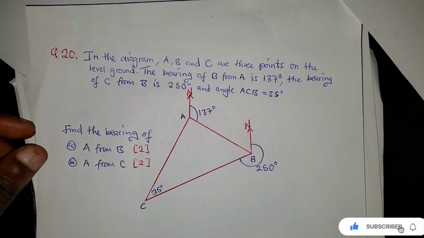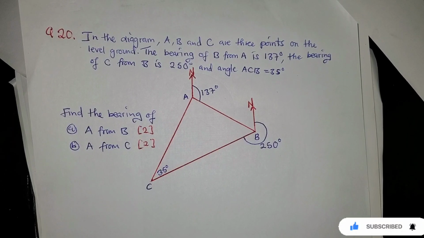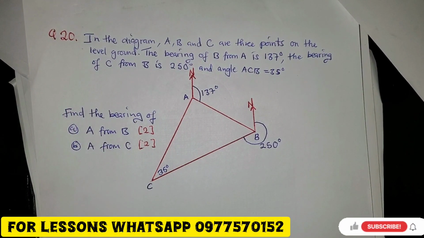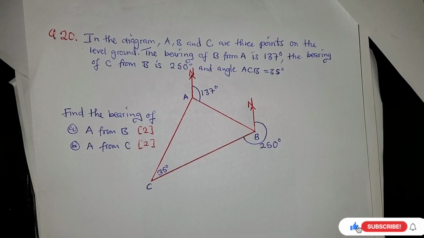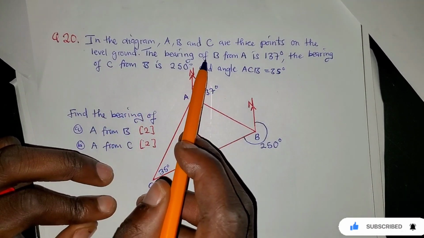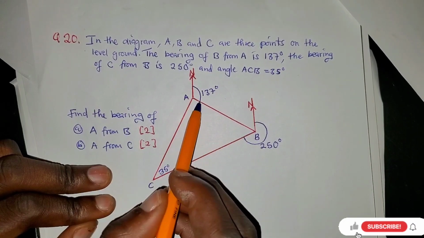Okay, so we have question 20 here of 2024 GCE paper 1. This is the question. In the diagram below, A, B, and C are 3 points on the level ground. The bearing of B from A is 137. As you can see, B from A is 137.